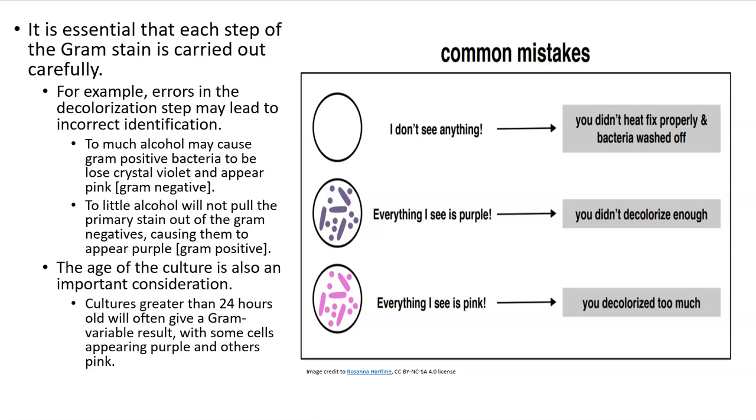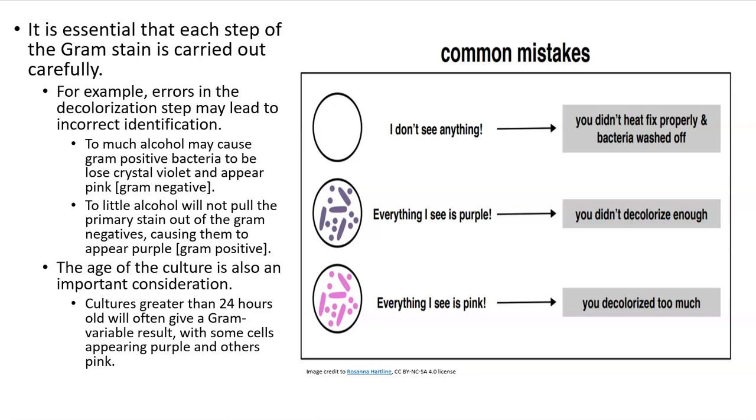Another thing has to do with the age of the culture. For the gram stain, you cannot work with a culture that's more than 24 hours old. We typically like to work with nice fresh cultures anyway, but it's particularly important for this one. What happens is if the culture is older than 24 hours, especially in gram-positive bacteria, their thick cell wall will start to break down, and that will basically mean that they cannot hold on to the crystal violet like they should.